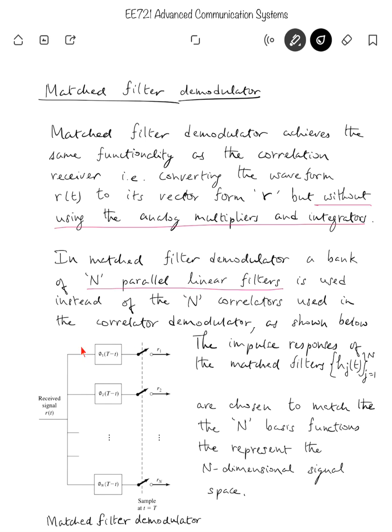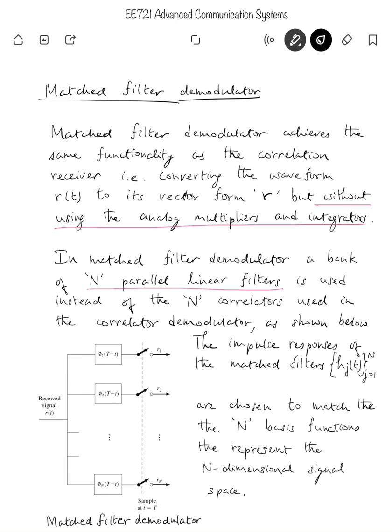The whole idea is to choose the impulse response appropriately, which makes the matched filter very interesting and very advantageous. Okay, so that's the difference between the matched filter and the correlation demodulator. In the correlation demodulator, we had the correlators, which involved a multiplication followed by an integration stage. Here we have a linear filter with a certain impulse response.